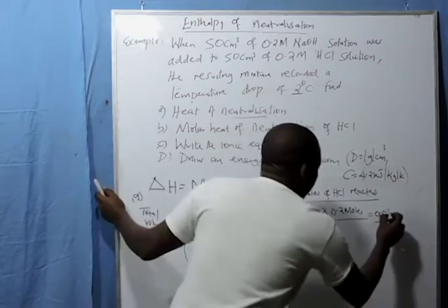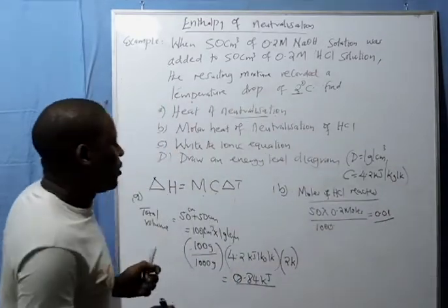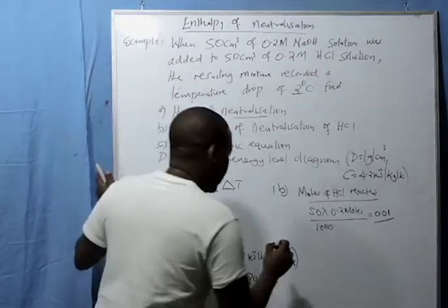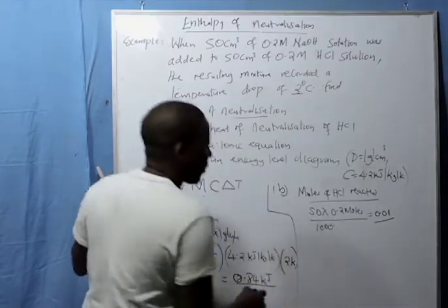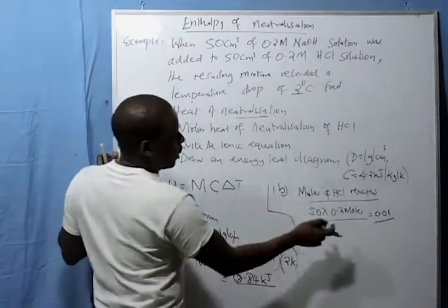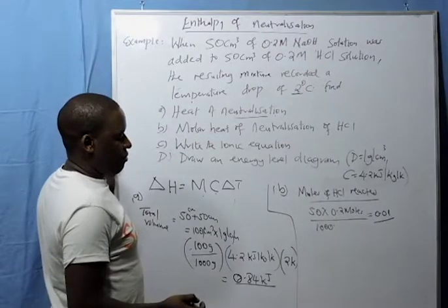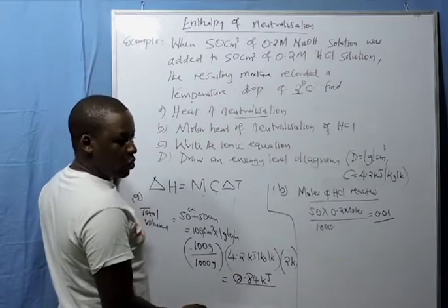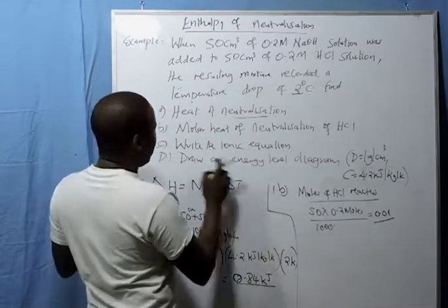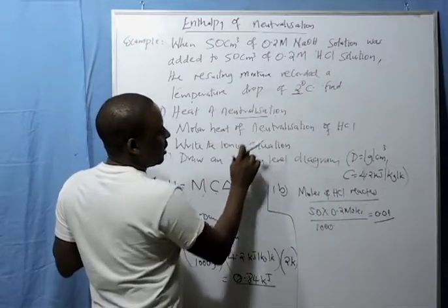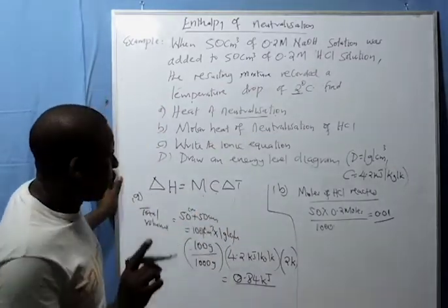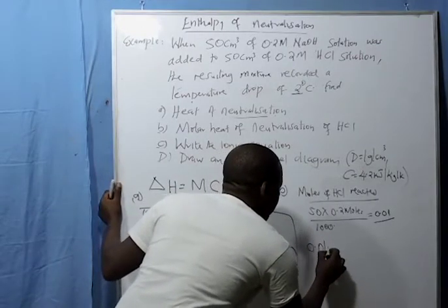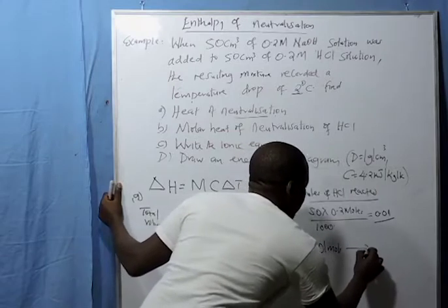Once you get 0.01 as your answer, this is what you should understand: if you reacted 0.01 moles of HCl, you produce an enthalpy change of 0.84 kilojoules. So molar heat of neutralization is the enthalpy change when you react 1 mole of HCl.